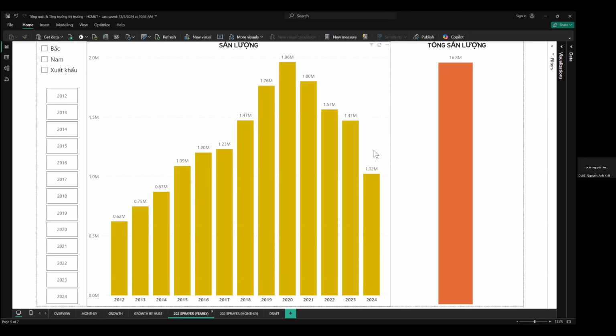Looking closer into the data chart, around 60% of sales output was contributed by the South market. More specifically, from 2012 to 2019, the contribution of the Southern region fluctuated from 55% to 60%.